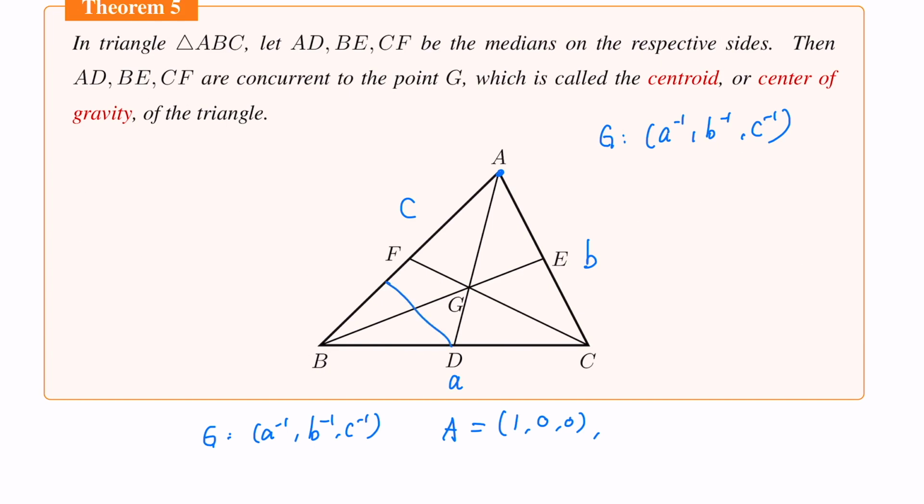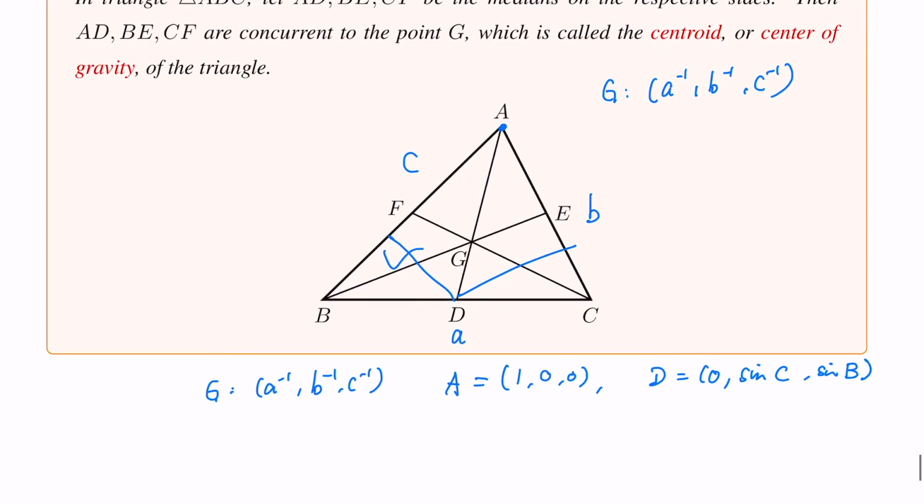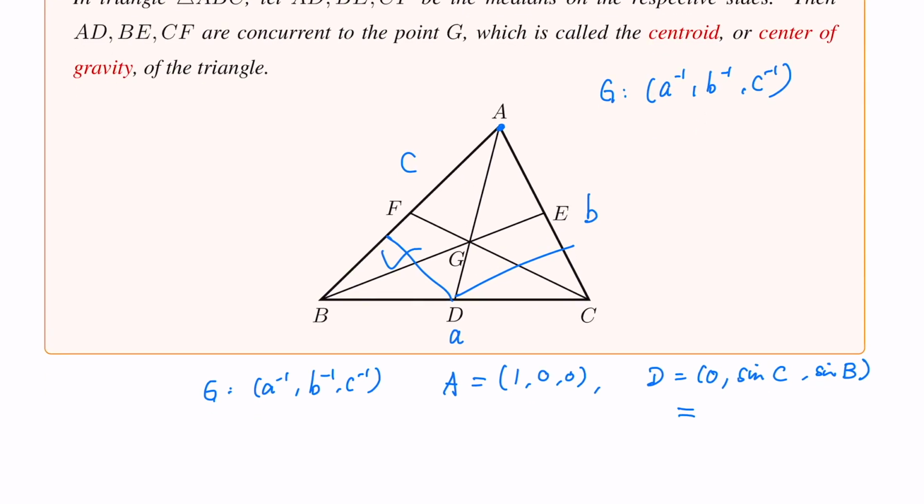We computed D also, and basically D is 0, sine C, sine B. You can rewrite this in terms of a, b, c, because by the law of sines, sine A, sine B, sine C are proportional to a, b, c. Since we don't care about an arbitrary constant, I can write this as 0, c, b.